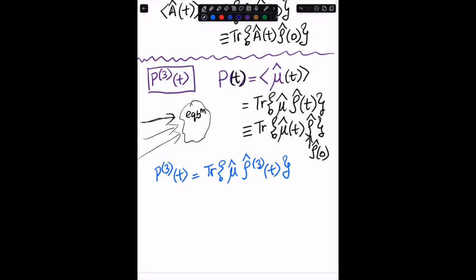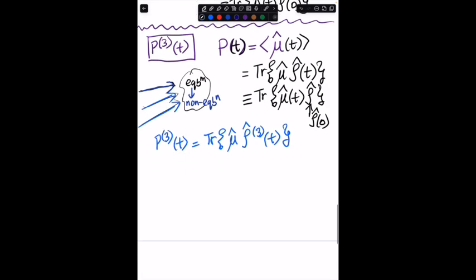Before the light fields are incident on the sample, the system is in thermal equilibrium, or is assumed to be in thermal equilibrium. And once the first light field is incident on the sample itself, it goes to a non-equilibrium state. So these light fields take your sample from an equilibrium state to a non-equilibrium state, and this non-equilibrium dynamics is exactly what you're trying to probe.